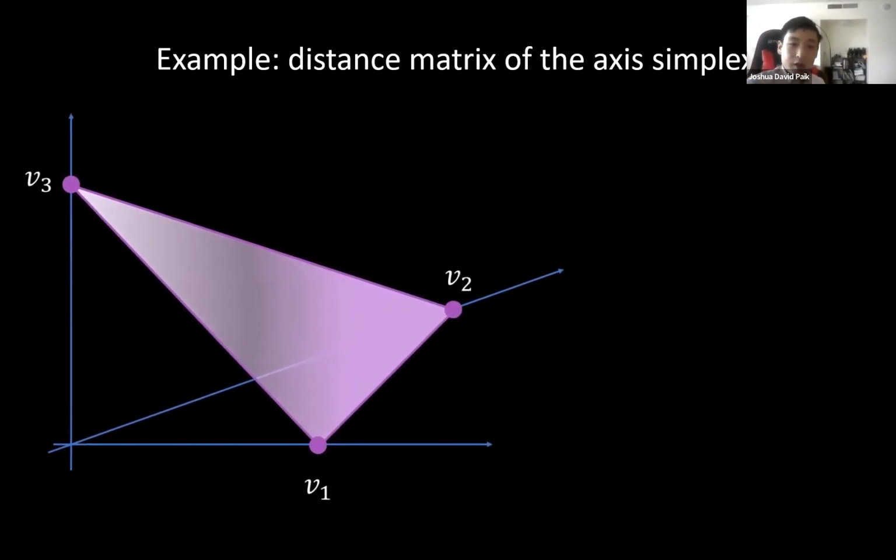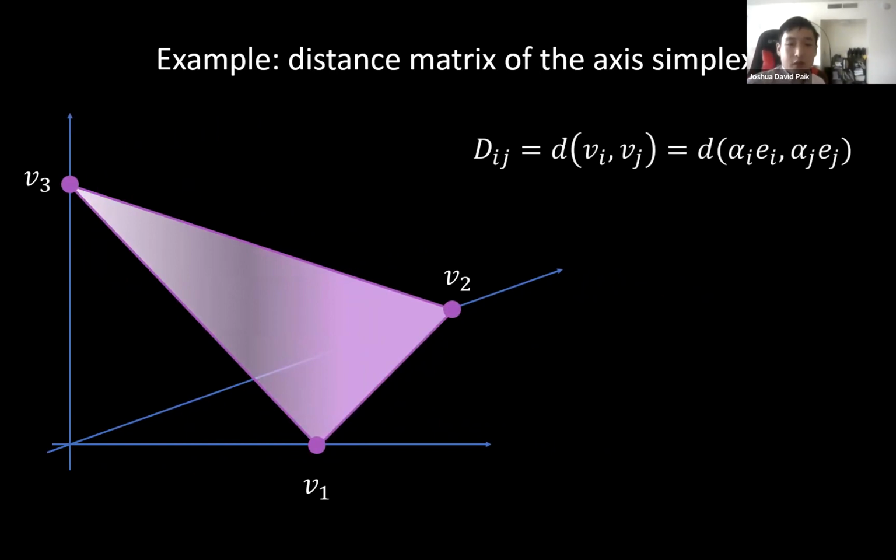So if we think about it, the ijth entry of the distance matrix, if this is a scalar multiple of e1 and this is a scalar multiple of e2, the distance between, let's say, vertices 1 and 2 is just given by the square root of the sum of the two scalars squared.